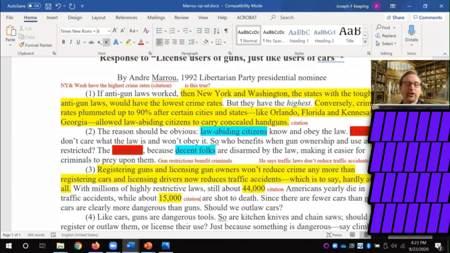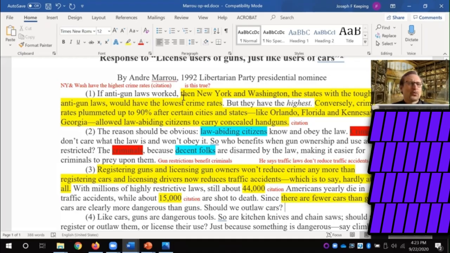There's plenty of problems with these statistics too. 44,000 Americans die yearly in traffic accidents, while 15,000 are shot to death. So we only care about people dying, do we? What about all those people who are shot, but not shot to death? And when he says there are fewer cars than guns, I'm going with, is that true?